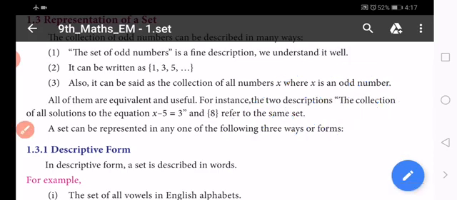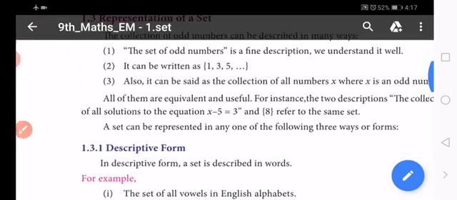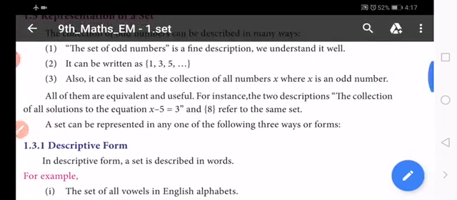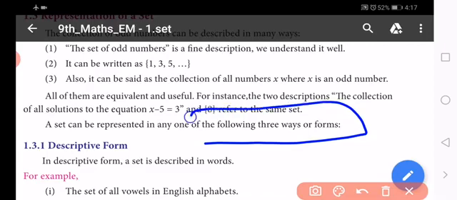So a set can be represented in any one of the following three ways or forms. What are the three ways or forms used to represent a set?